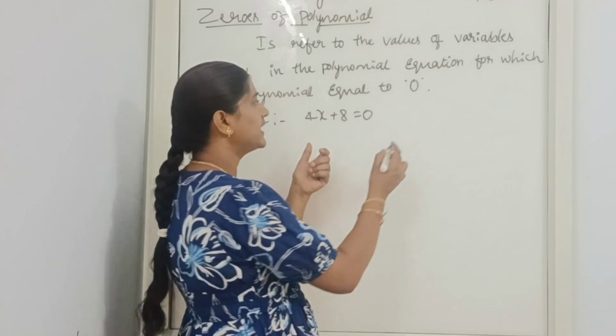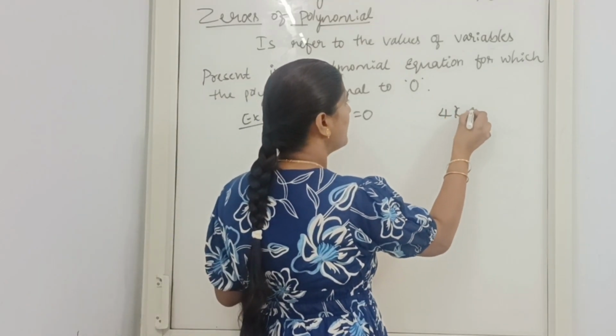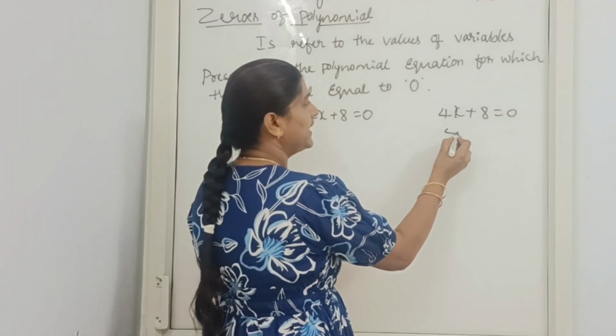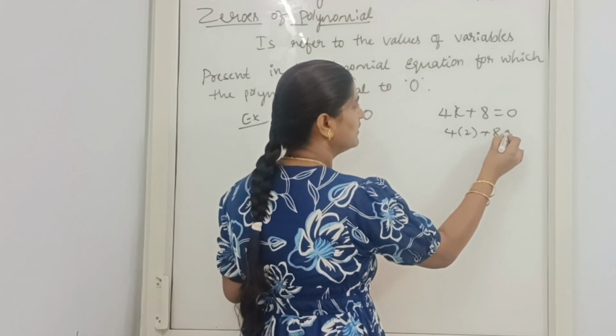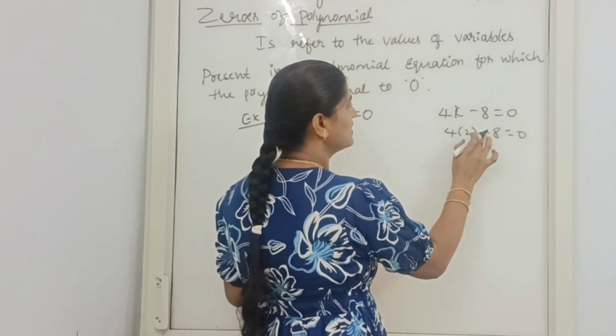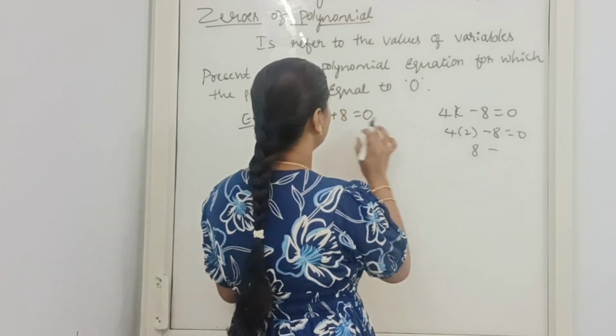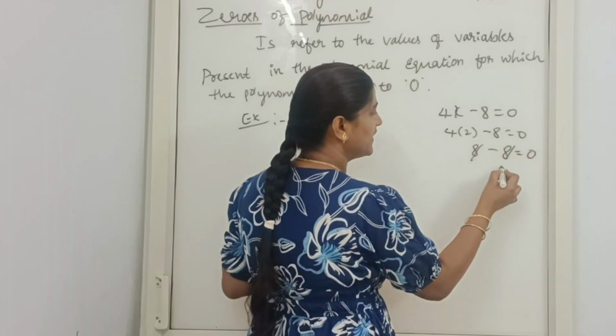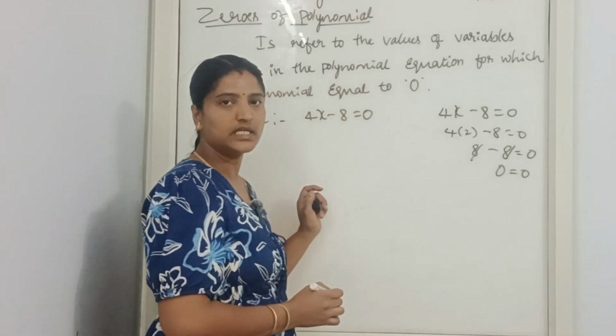For example, 4x plus 8 is there, no? In the place of x, if we keep 2, 4 twos are 8, and if you consider it as a minus, then only it can cancel. Negative and positive get cancelled and 0 equals 0.